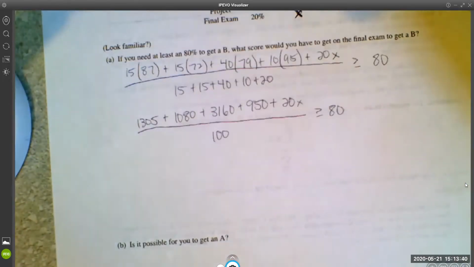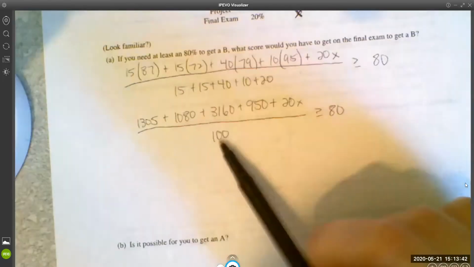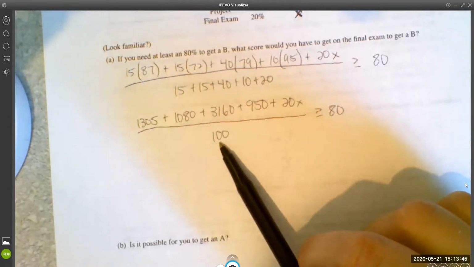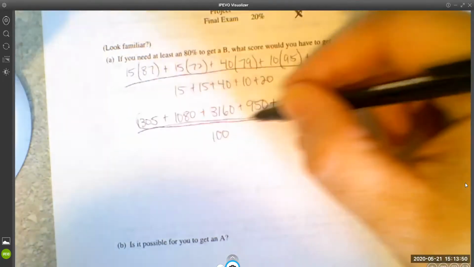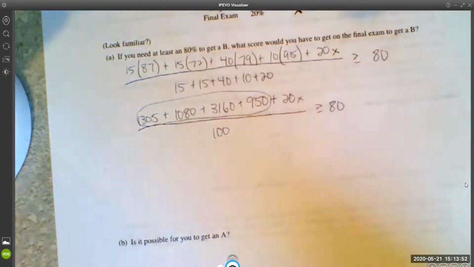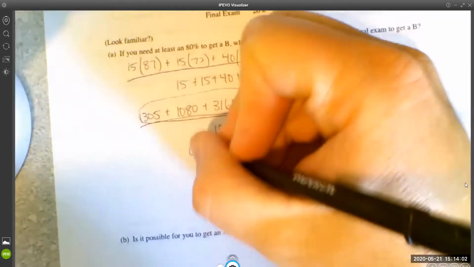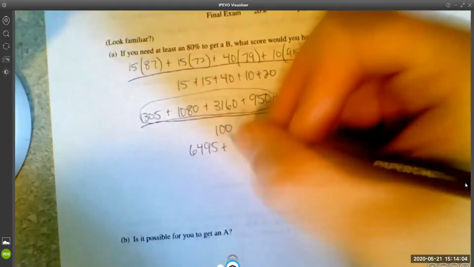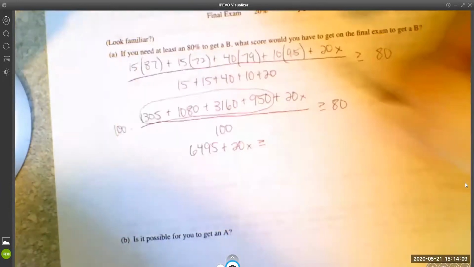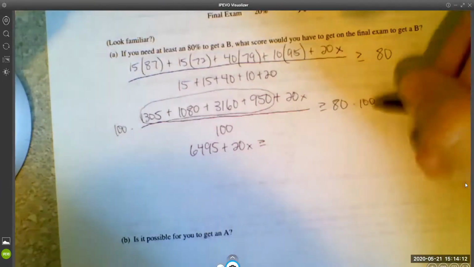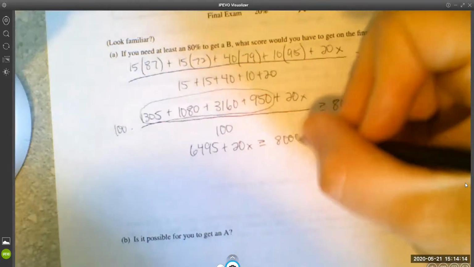So, all right, if I want to solve for X, the next thing I would probably do is multiply both sides by 100 to clear that fraction. And then I can also combine all of these like terms, right? I can add those all up. So 1305 plus 1080 plus 3160 plus 950 is 6495 plus 20x needs to be bigger than or equal to, if I multiply both sides by 100 to clear the fraction, then it needs to be bigger than or equal to 8,000, right?